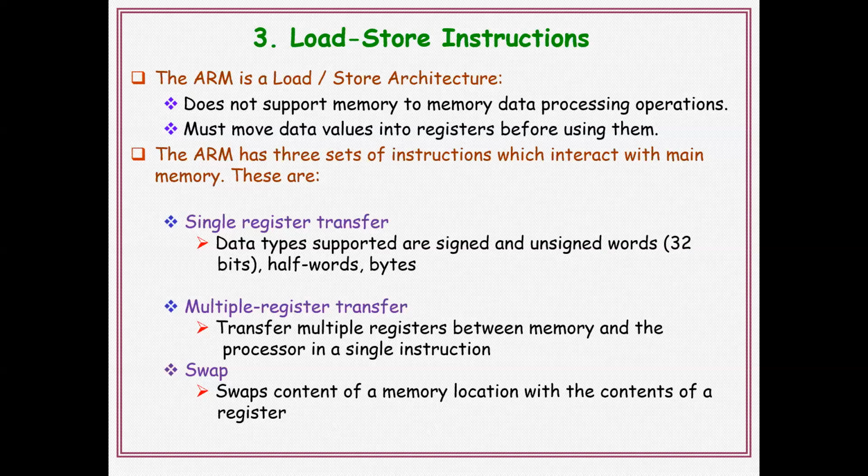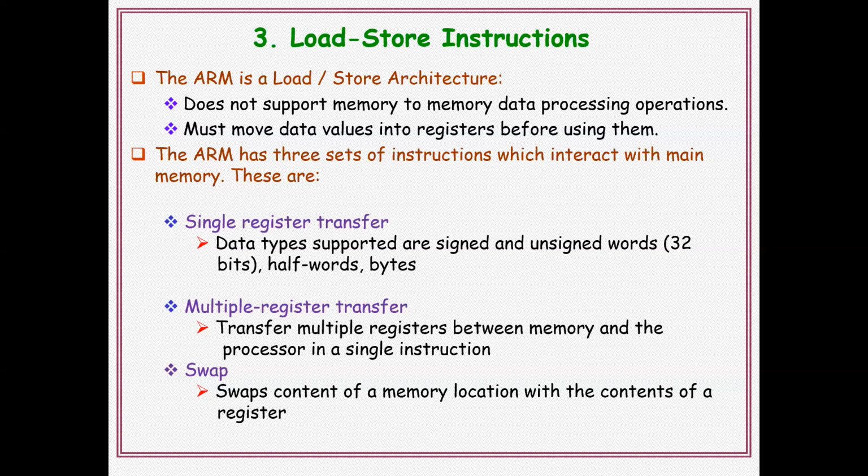So you must move data values into a register before using them. In this ARM architecture, direct memory to memory copy is not supported, so you need to involve one register to copy it.